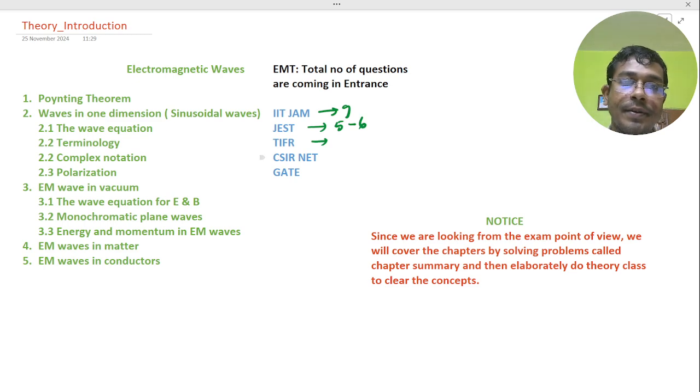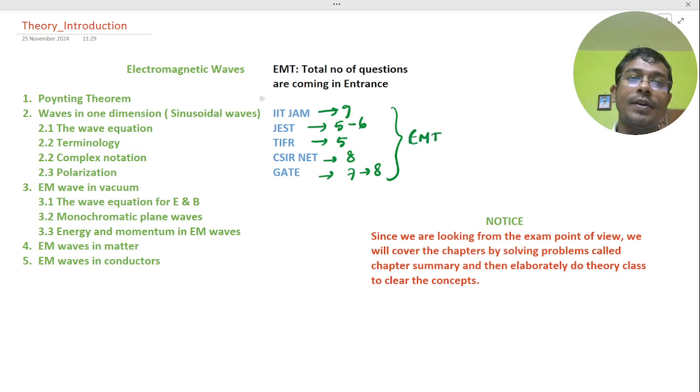For TIFR it is a little bit less, just 2 or 5, and for CSIR NET we have just 8 questions, and GATE 7 to 8 questions are coming from the EMT topic. Today we will discuss the important topic electromagnetic wave. Here 1 or 2 questions are coming from this part.